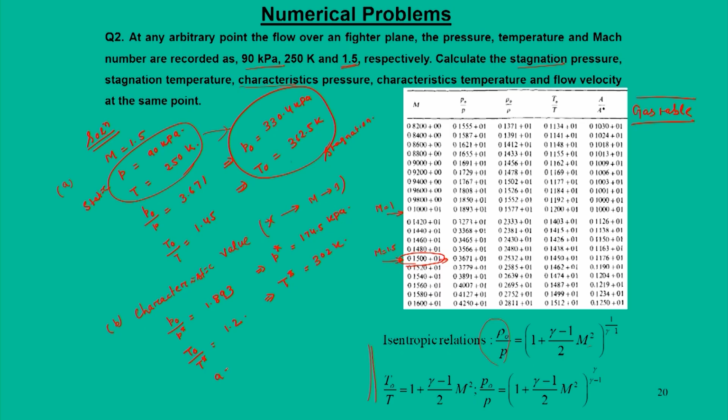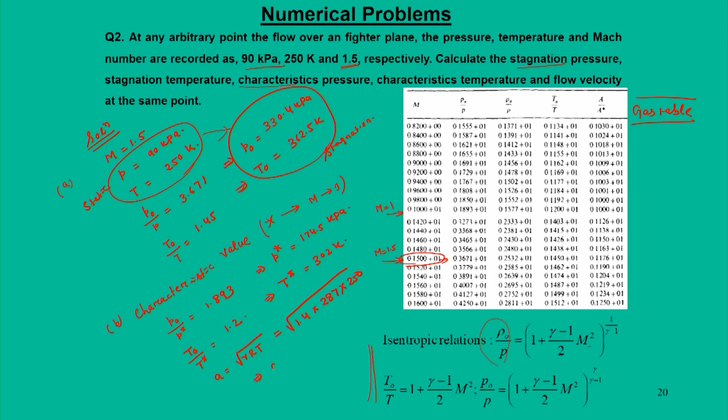Then what you also require is the flow velocity. So, we can find out A is equal to square root of gamma R T. So, gamma can be taken as 1.4, R is 287. If no data is given, then you can use the sea level data. Temperature in this case is 250.